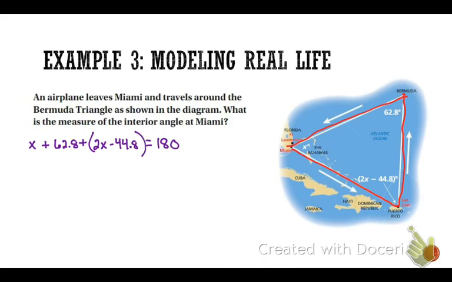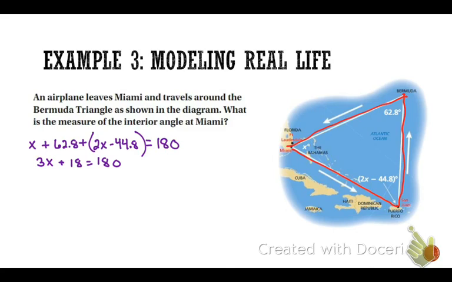Do you think there's something that you can combine here? 2x and x. So what's x plus 2x? 3x. And what's 62.8 minus 44.8? 18. This is going to work out nicely. I started with those ugly decimals, but now it's looking a lot better.